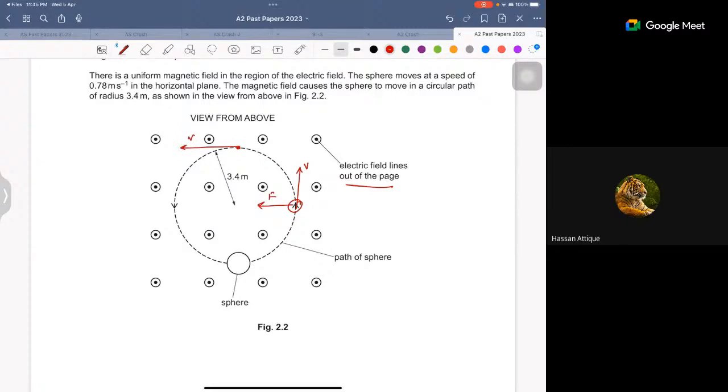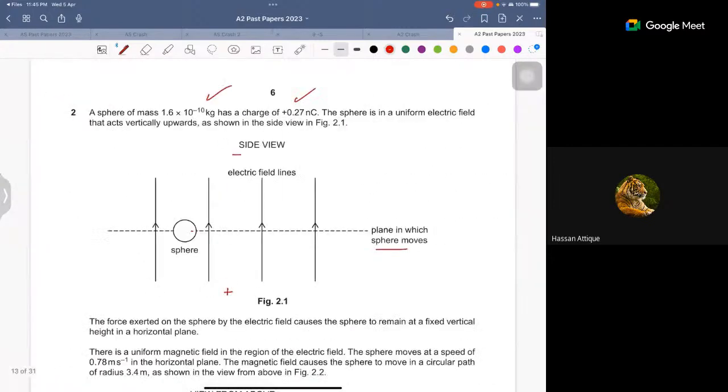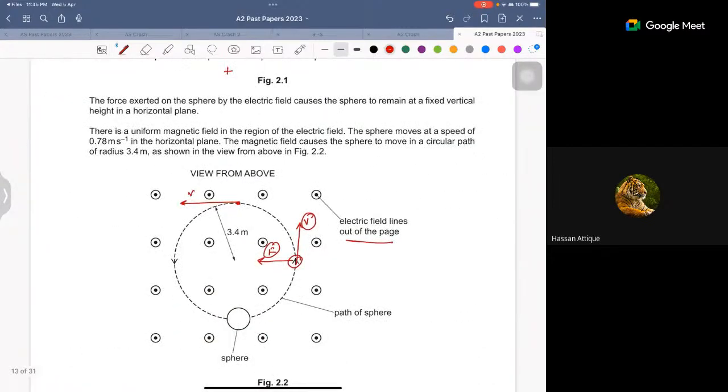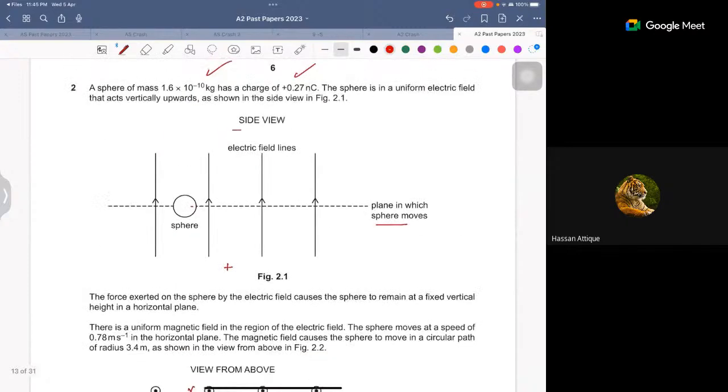Now I'm going to use my left hand rule. Sorry, thumb should be this one, middle finger upwards. What do we need? Direction of magnetic field. Thumb is here, and this is a positive charge, right? If I'm not wrong, this is a positive charge, yes.